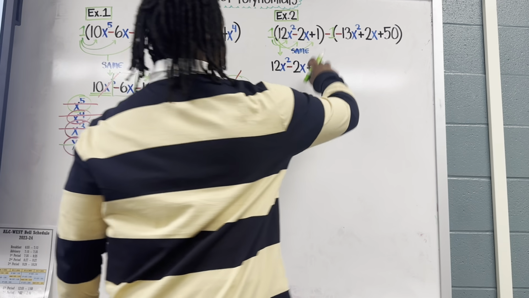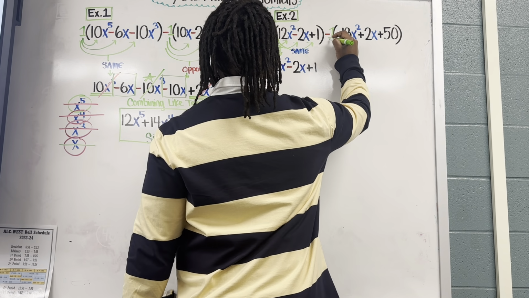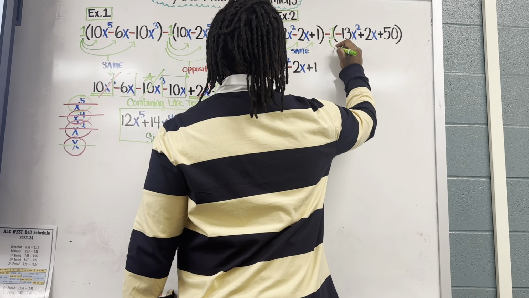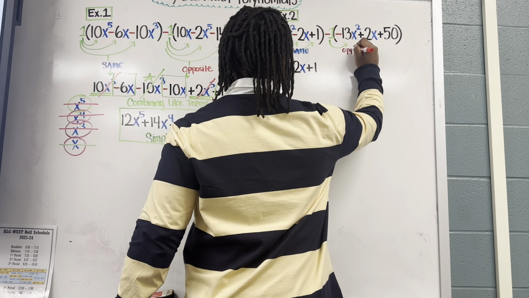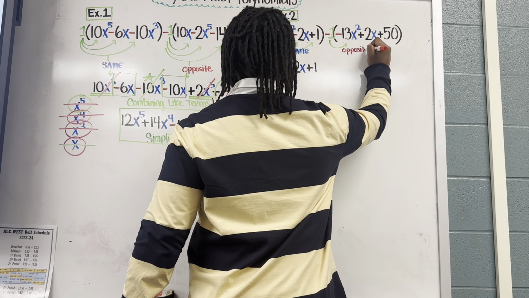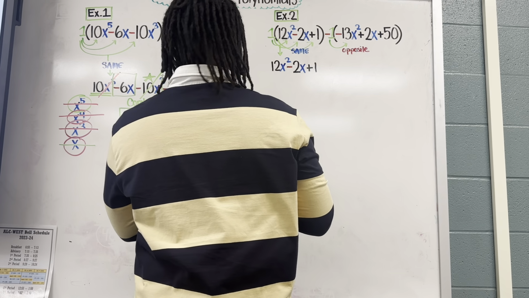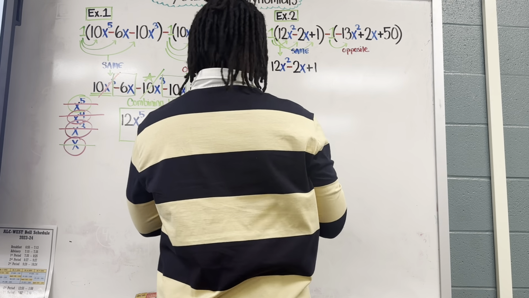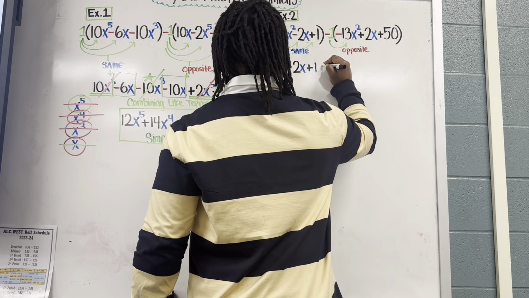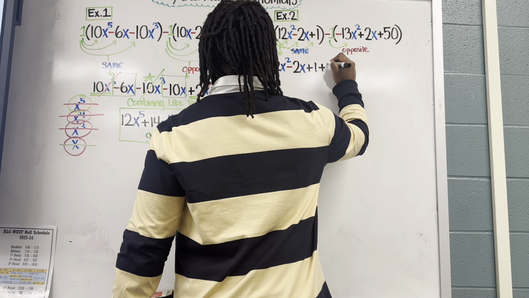We're going to multiply everything in here by negative 1, which will have everything become its opposite. If you multiply by negative 1, that value is going to become its opposite. So negative 1 times negative 13x squared is actually a positive 13x squared.